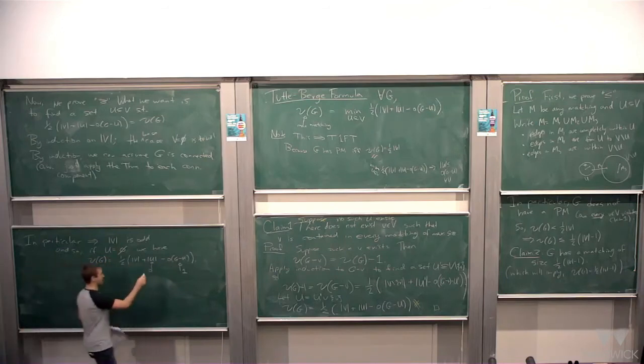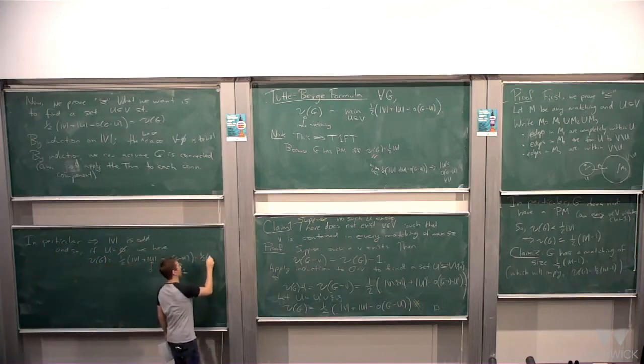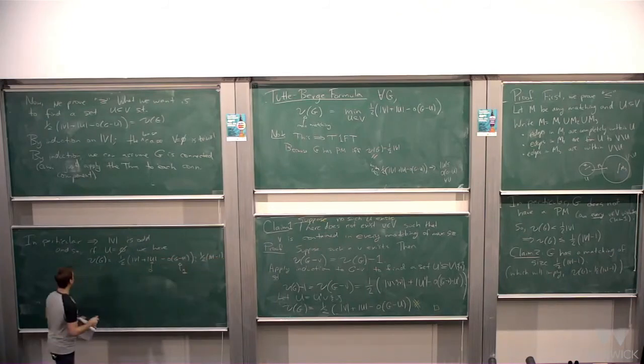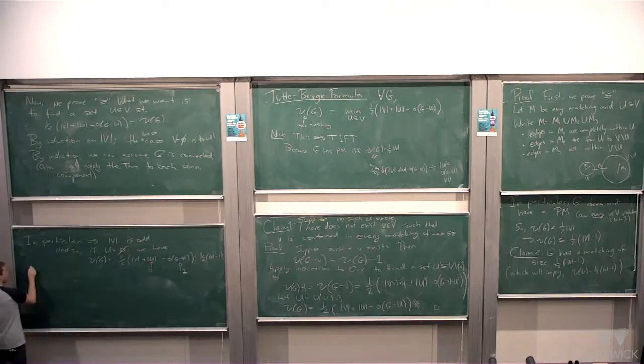So this will just be 1/2 of V minus 1. Okay, so if this claim 2 is true, then all I do is set U to be the empty set, and that finishes it.